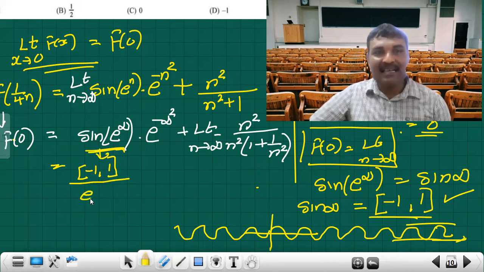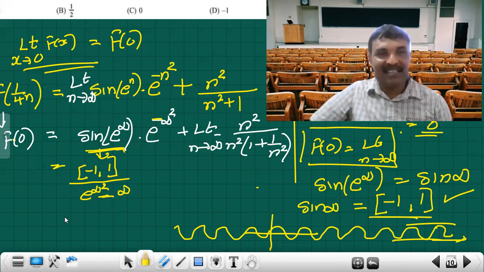This is divided by e raised to infinity square, because the minus sign sends it to the denominator. The value of e raised to infinity square is infinity. So this term becomes any value in between minus 1 and 1 divided by infinity.